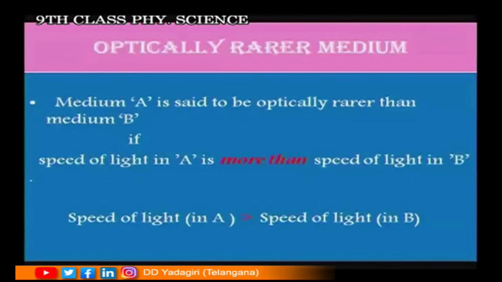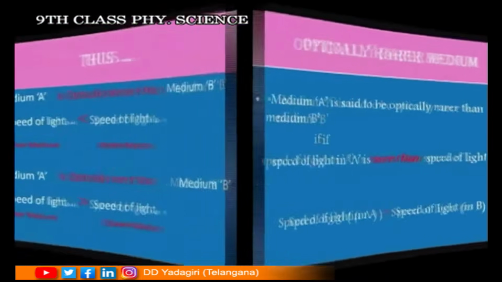Medium A is said to be optically rarer than medium B if the speed of light in A is more than the speed of light in B. That is, the mathematical representation: speed of light in A is greater than speed of light in B. Then the medium is said to be optically rarer medium.